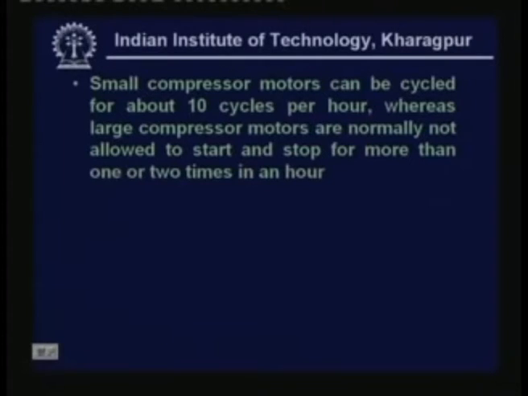So this puts a restriction on the minimum value of differential. That means you have to have a certain minimum differential so that the number of on and off cycles can be within practical limits. So this is a constraint on using the thermostat for on-off control.